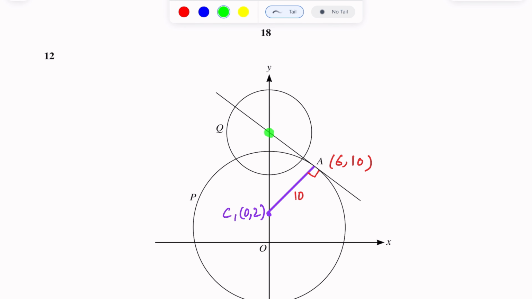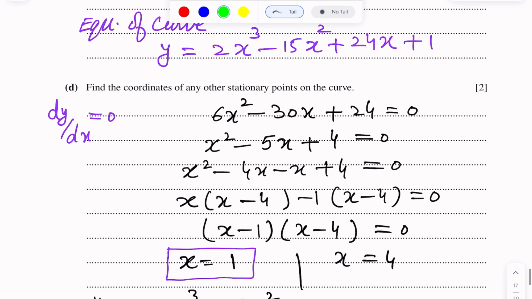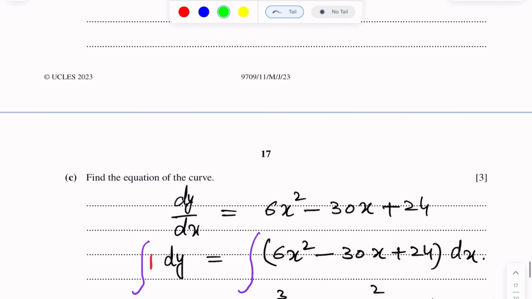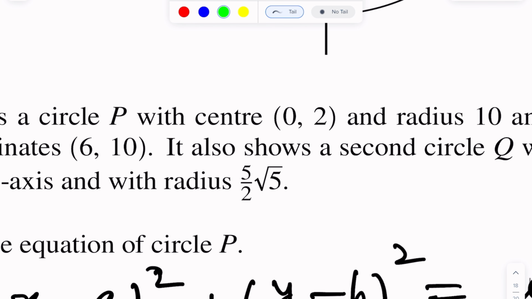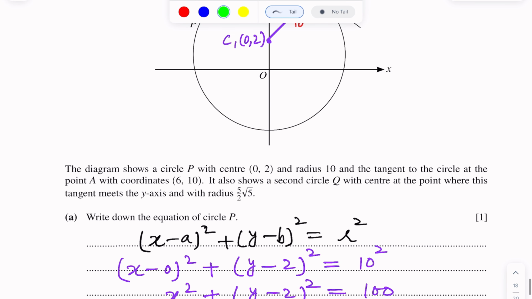This is the center of the circle and the radius is given. The radius of circle Q is 5 under root 5 over 2.